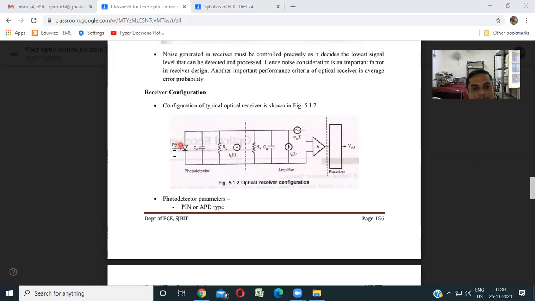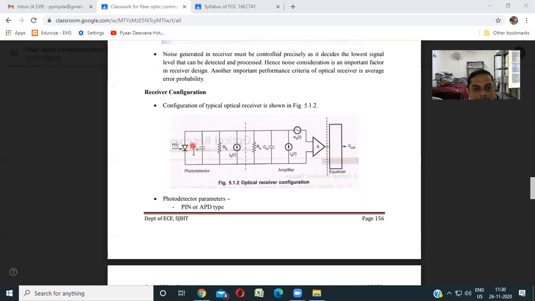P(t) is the power of the optical signal. The arrow is shown as a photon made to fall on this photodetector, which generates the electrical signal at its output.